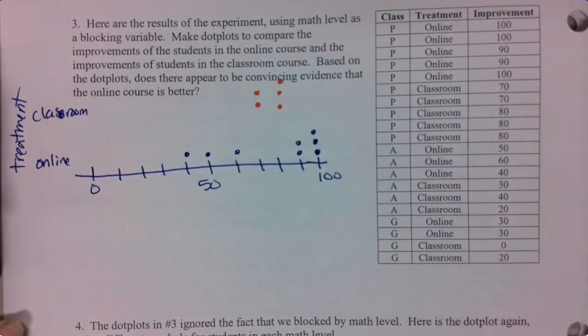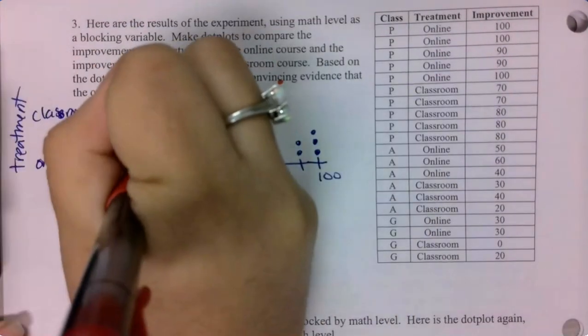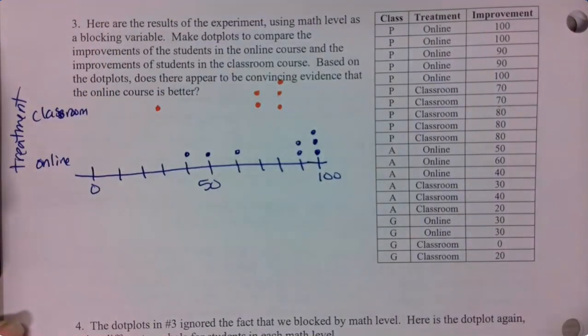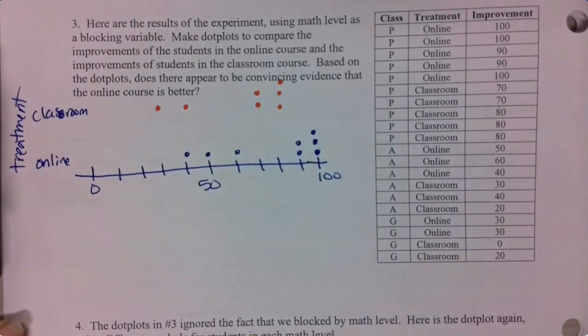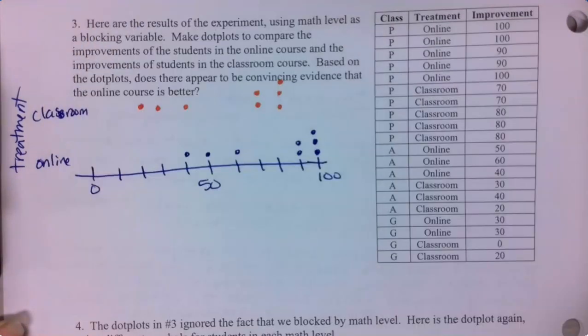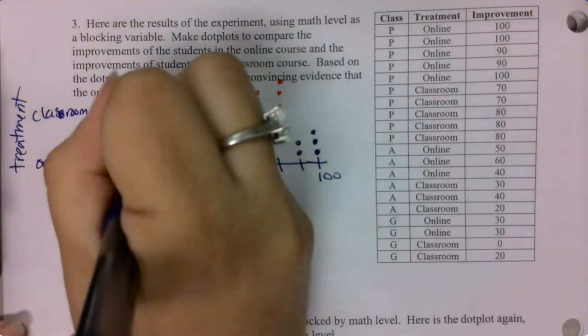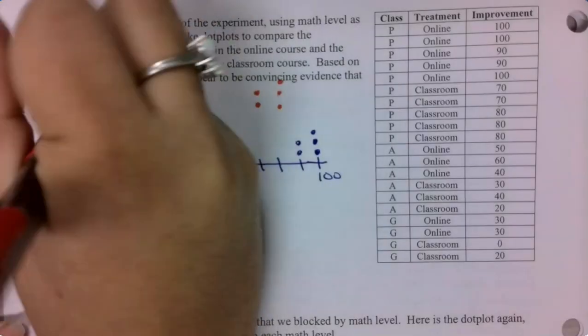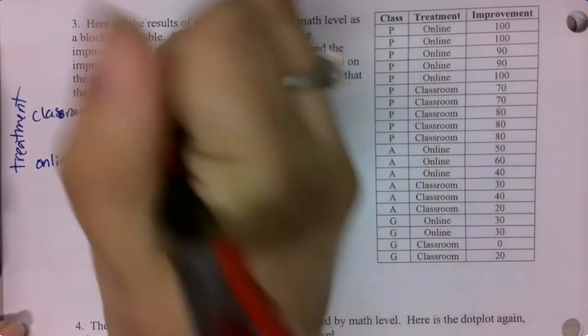And then I have a 30 in the classroom, a 40 in the classroom, and a 20 in the classroom. I have a 30 online, another 30 online, a 0 in the classroom, and a 20 in the classroom.